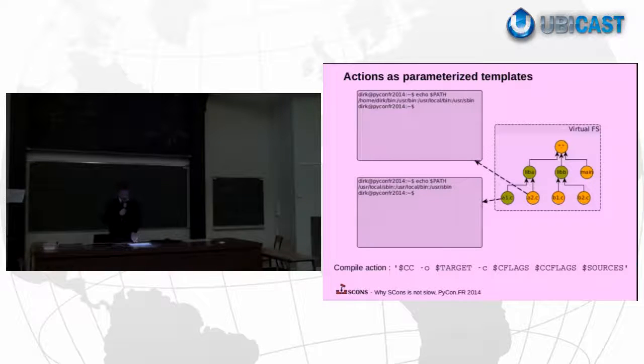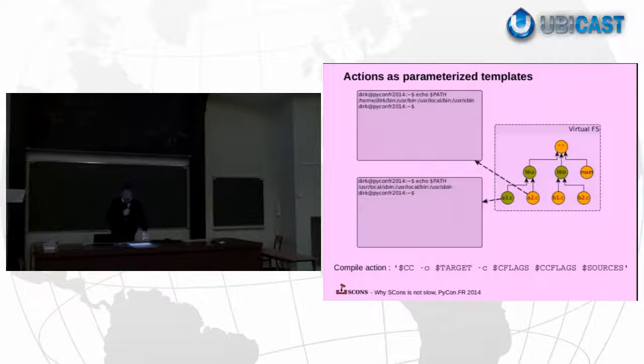And you can see how, unlike, for example, in AutoTools, we are able to support different settings for files in the same directory. So in this lib-a directory, you can have one SConstruct, one build description file, but you can use several environments in this directory with different settings.